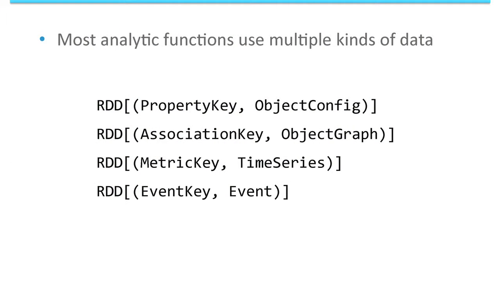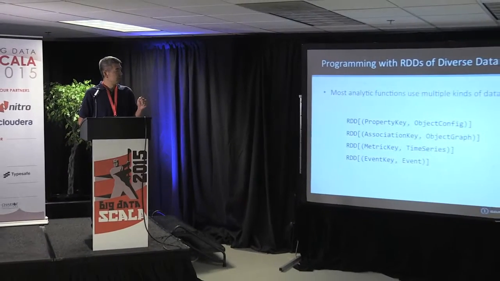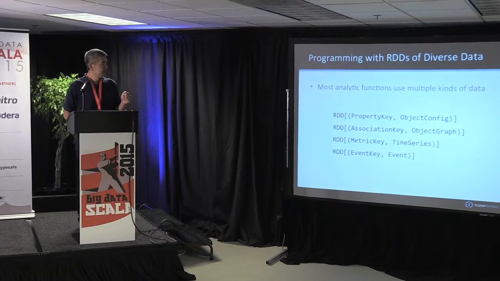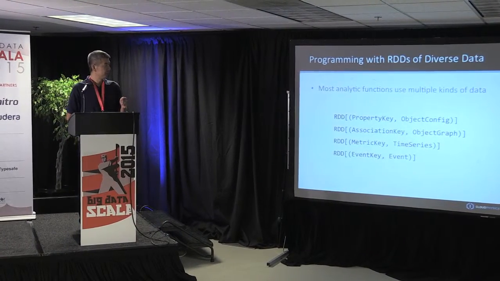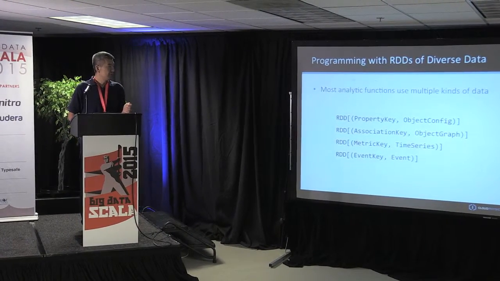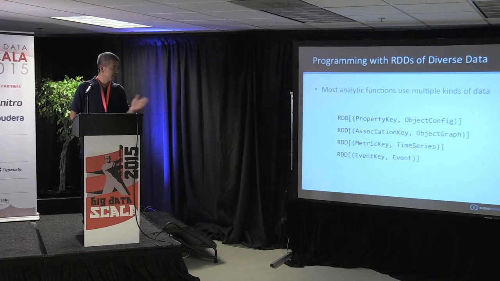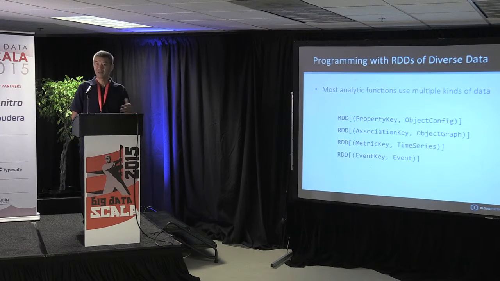So in our case, because of the diversity in the machine data we collect, we do need to provide analytic programmers the ability to apply functions to many kinds of data.